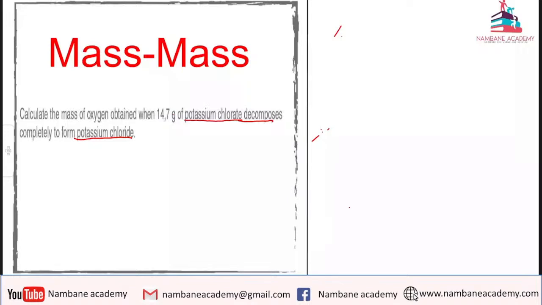KClO3. But now it decomposes completely to form potassium chloride. So let's write that equation.